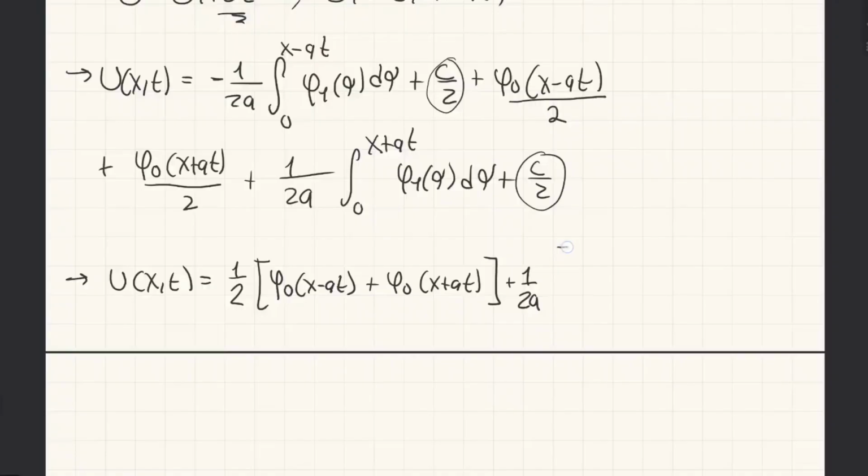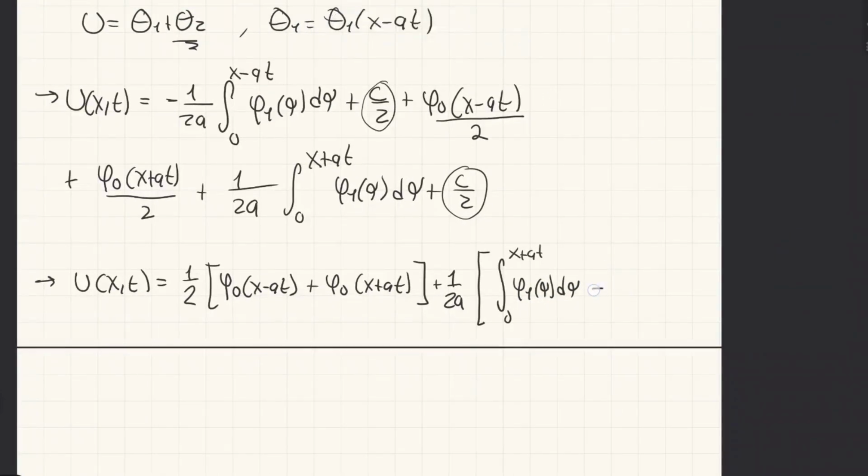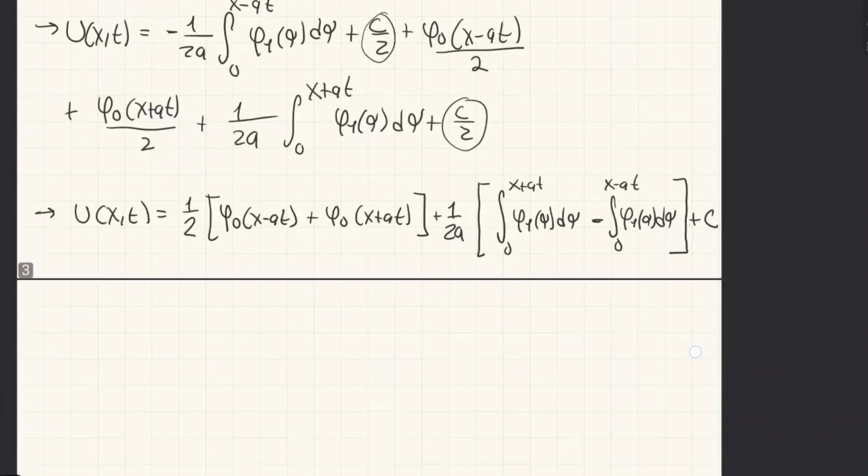It will be the integral from 0 to x plus at, phi 1 of alpha d alpha, and then minus the integral from 0 to x minus at, phi 1 of alpha d alpha. Okay, and then plus c.